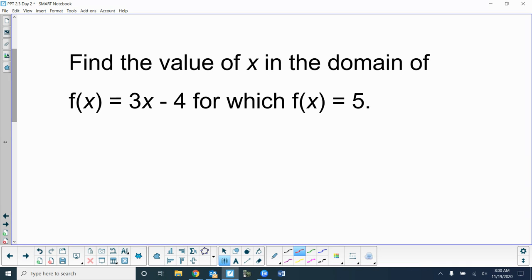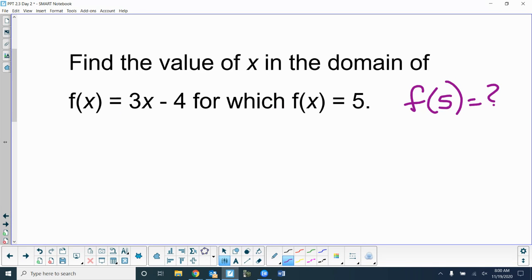The mistake a lot of kids make in this problem is they think of this. They're thinking it's asking you this. That's different than what this is asking. A lot of you put 5 in for the x on this side.